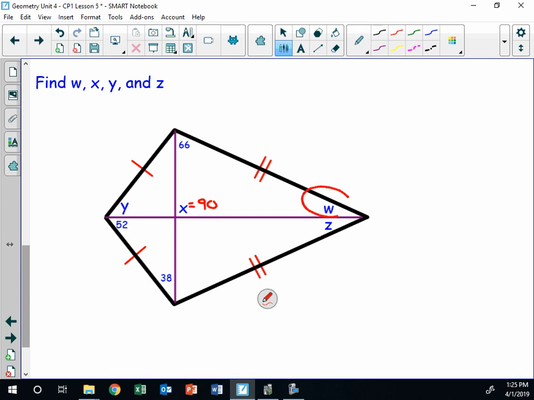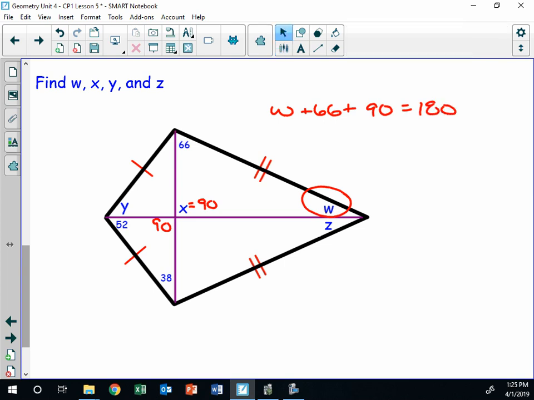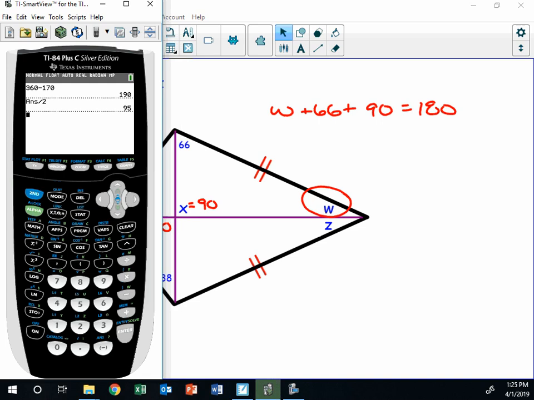So first we would want to solve for w, because we have the other two angle measures. We know that this is a 90, and once we have w, we can really fill out the rest of the missing pieces. So we have w plus 66 plus 90 equals 180. And then we just want to finish up by subtracting the two angles from 180.